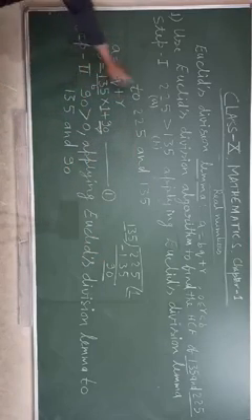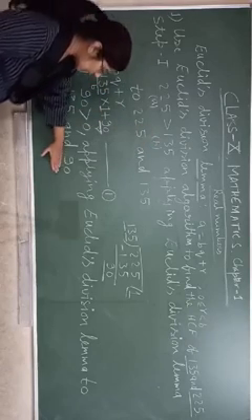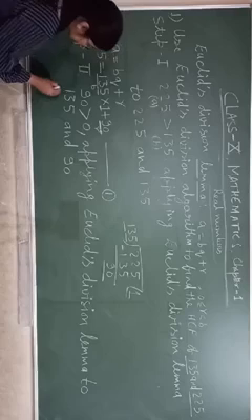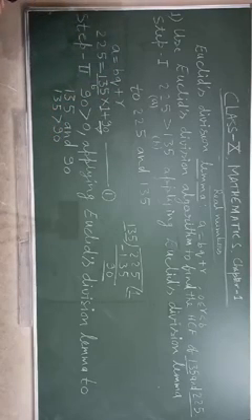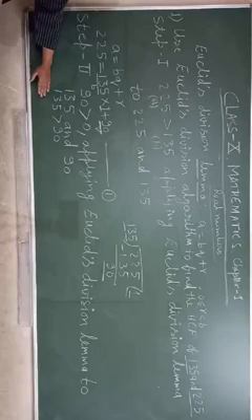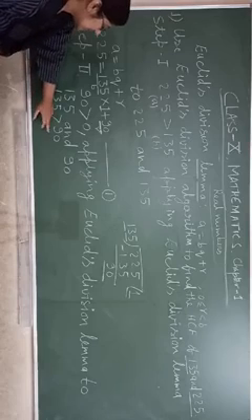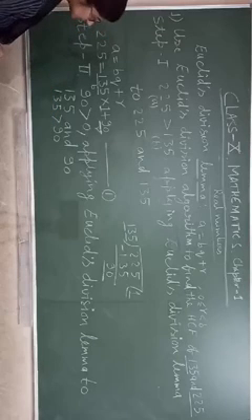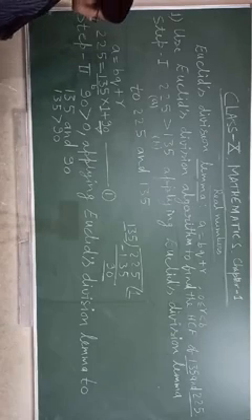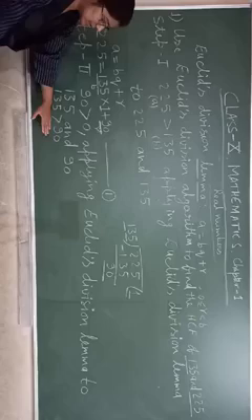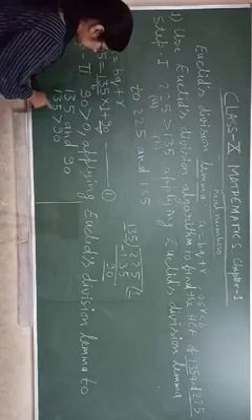Okay. In the first case this one was A, this one B. So look, 135 and 90. 135 is greater than 90. So 135 divided by 90. How will we write this one?